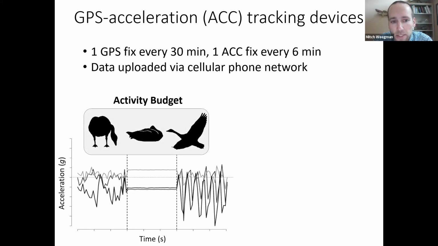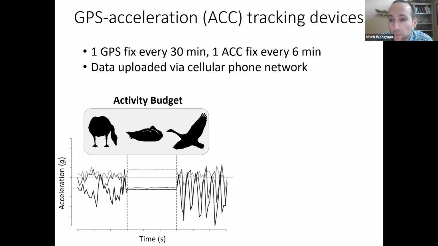We can do this because we put the same exact tracking device, this is a neck collar tracking device, on a captive bird. We film it for tens of hours. We know exactly when the ACC fix is occurring on the bird. We of course know the behavior from the film, so we can link behaviors with acceleration patterns to work out, say, what feeding looks like, stationary behavior.